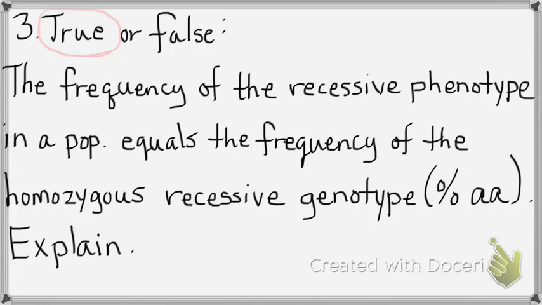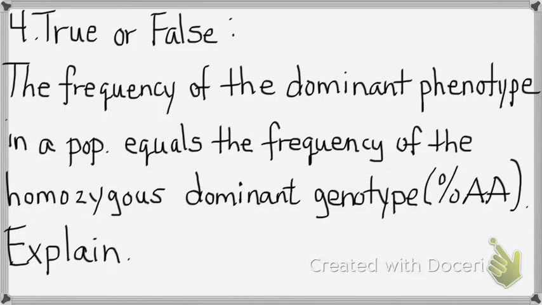Well, this number 3 is true. Number 4, true or false? The frequency of the dominant phenotype equals the frequency of homozygous dominant genotype. Okay, I agree. How come that's false? Because you're not accounting for heterozygous. That's good.